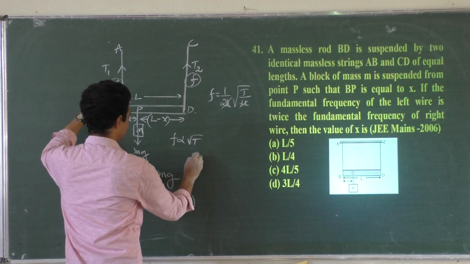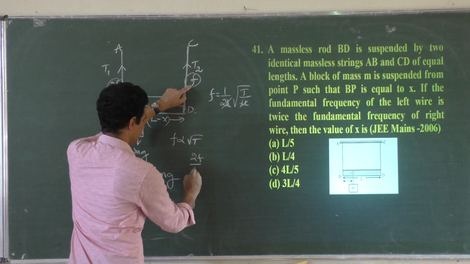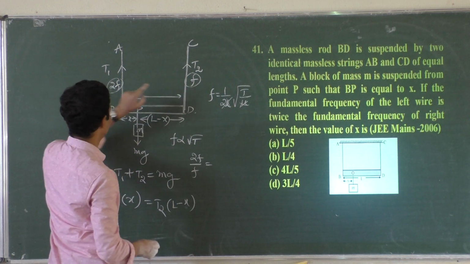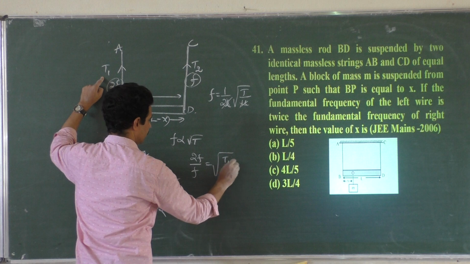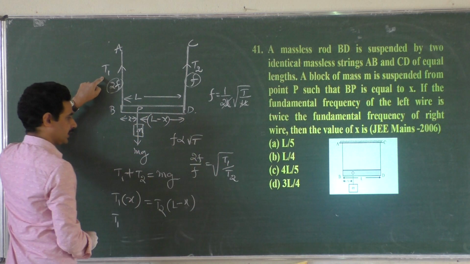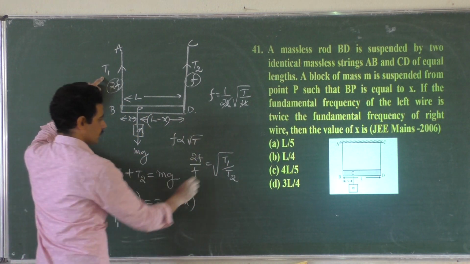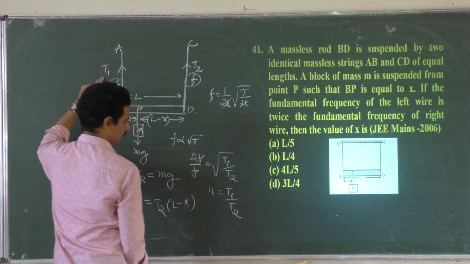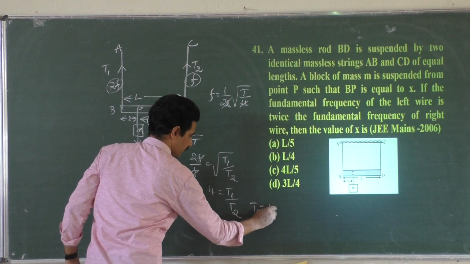This condition is very much needed: 2f by f is equal to root of T1 by T2. Here you get a very important piece of data. Square this: 4 is equal to T1 by T2. T1 is equal to 4T2.